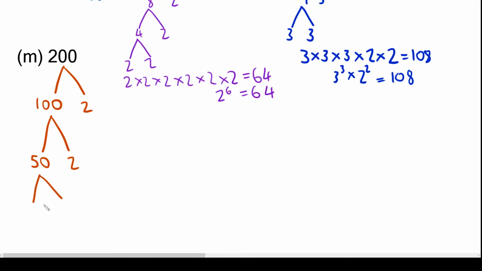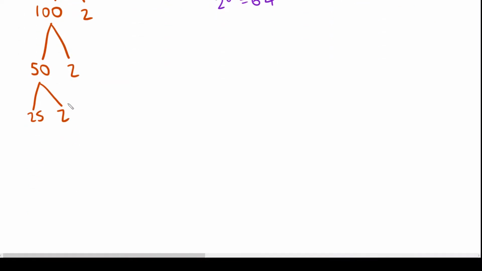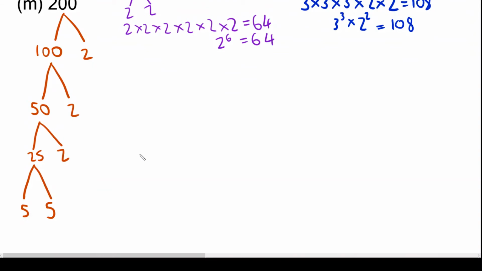Then 25 times 2. And here, 25. 5 5s are 25, so 5 and 5. So our factor tree is going to be this. 5, 5, 2, 2, and 2. All right, so our prime factors are 5 times 5 times 2 times 2 times 2. So that's 5 squared times 2 cubed equals 200.